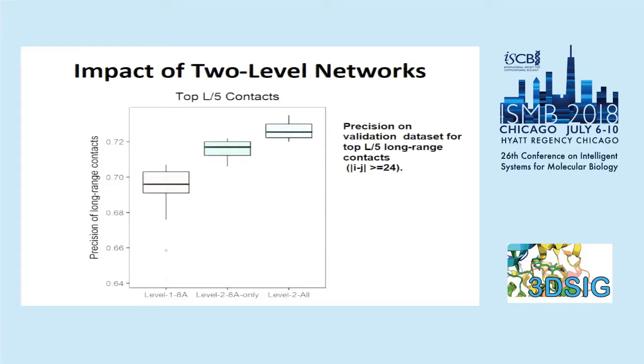If I only use a 1-level network with 8 angstrom threshold, I get accuracy about 69% for L divided by 5 long-range contact predictions. If I use a 2-level network, but only 8 angstrom threshold in the first level, I get accuracy close to 72%. But if I use the full 2-level network, I get accuracy above 72%. So that means this architecture actually improves accuracy.